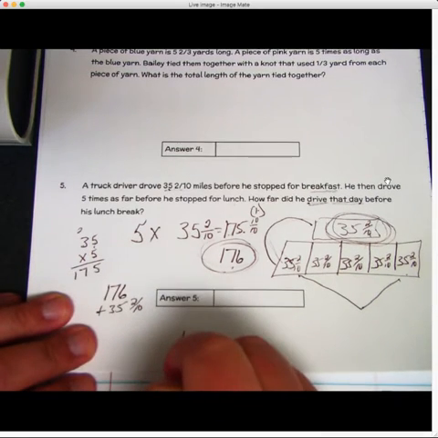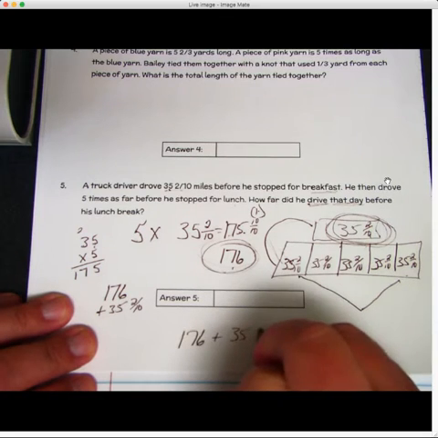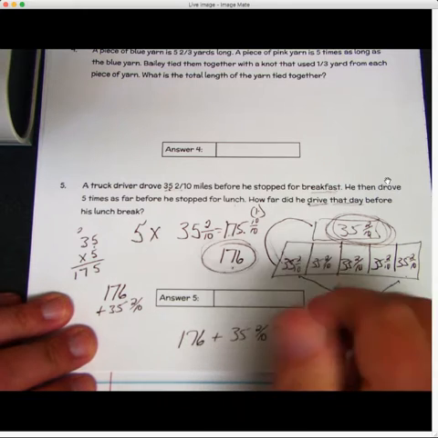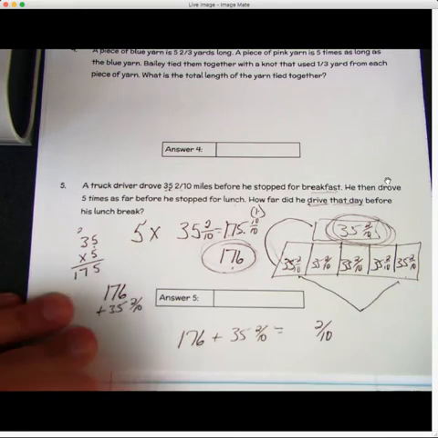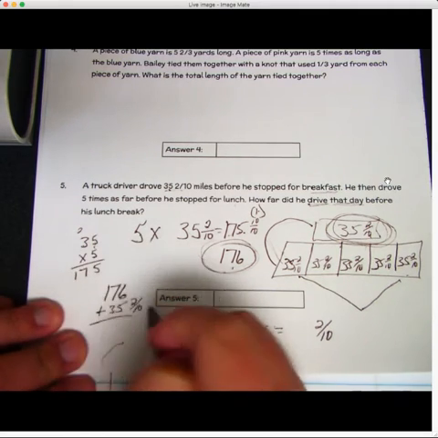Now, we're used to seeing them like this, aren't we? 176 plus 35 and 2/10. It's the same thing. We don't have a fraction to add to the 2/10, so we know it's going to be something in 2/10. So let's do 176 plus 35.